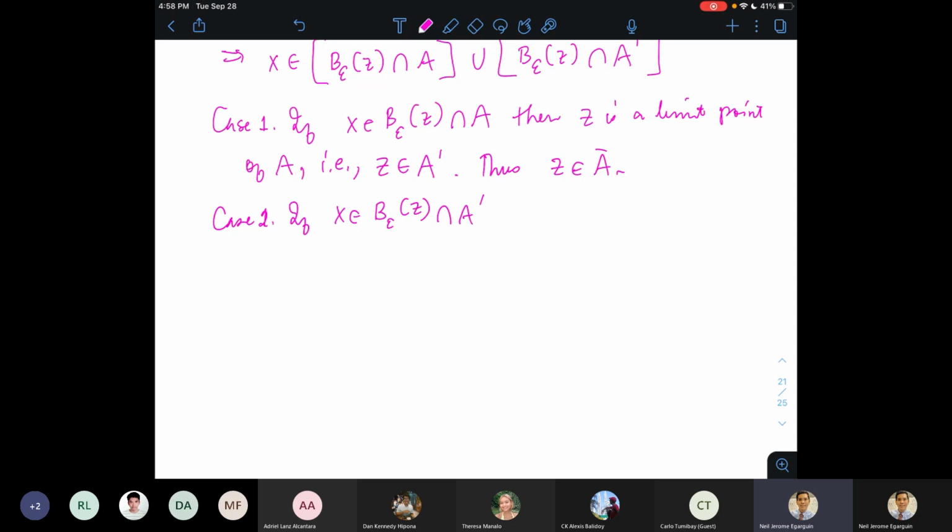So ang alam ko ngayon, or madali na ba ito? Kasi napakita ko dito si X ay element ni A bar. Gusto ko ipakita si Z ay na kay A bar. How can I show that Z is an element of A bar given only that there exists an X other than Z that is in the intersection of the epsilon neighborhood and A prime?